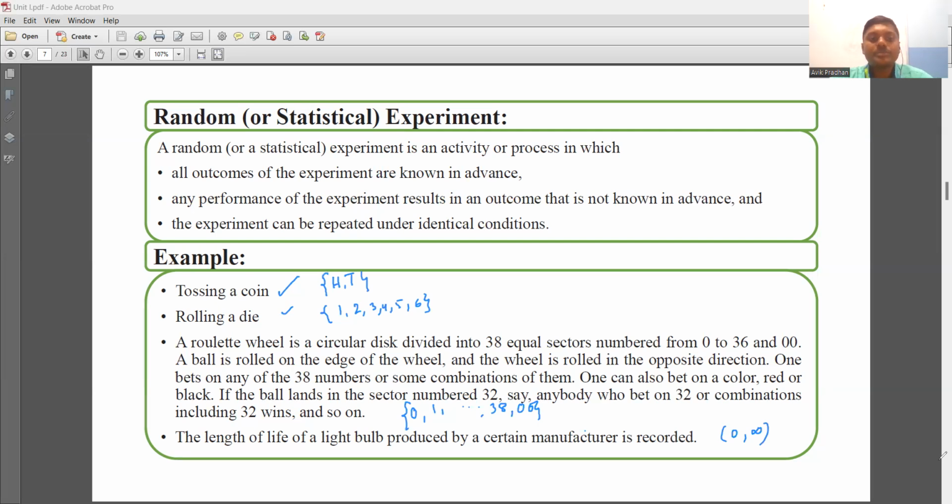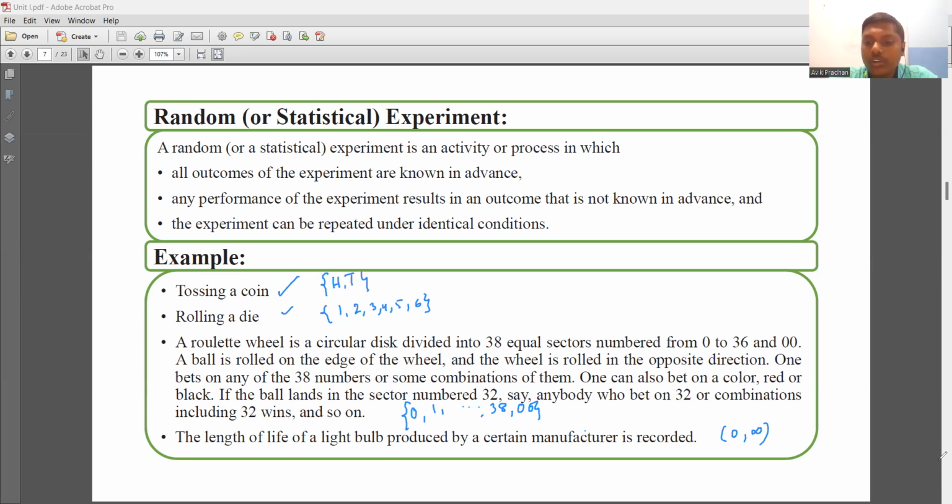Now, if you look at these first 3, they are actually countable. In the first experiment, the set corresponding to the possible outcomes contains two outcomes only. For the second experiment, we have 6 possible outcomes. For the third one, we have 38 possible outcomes.